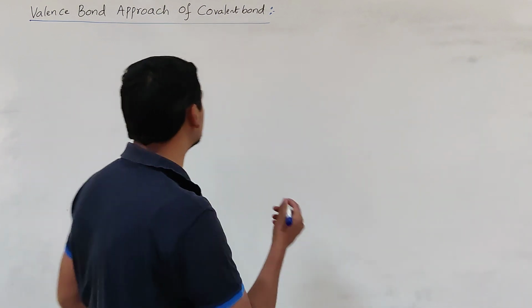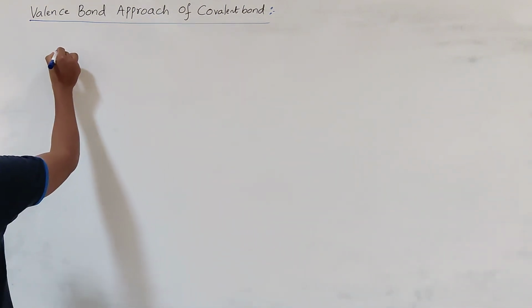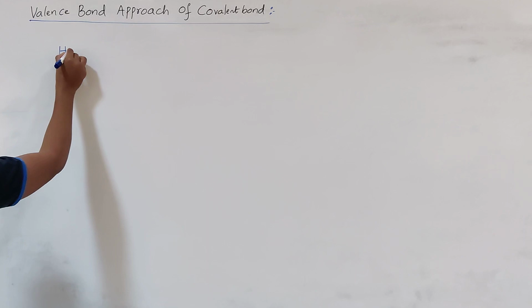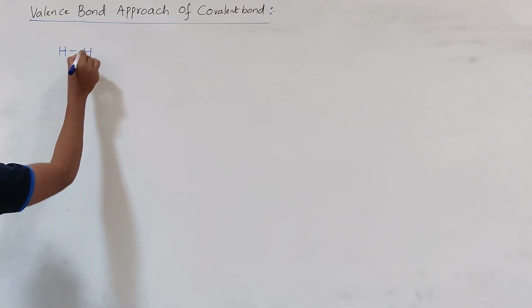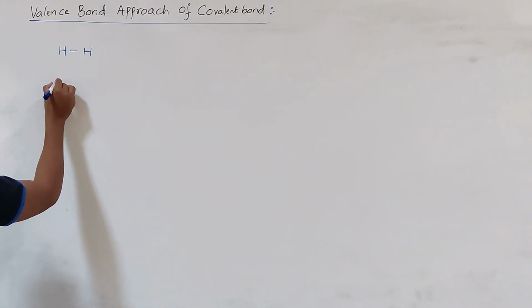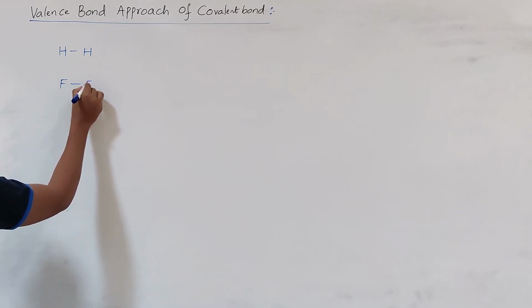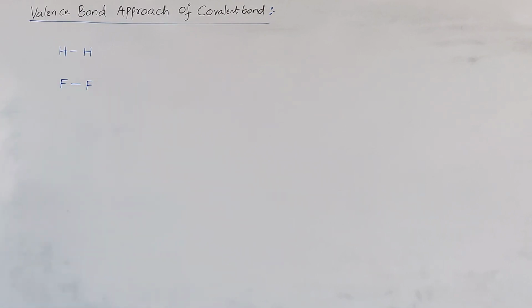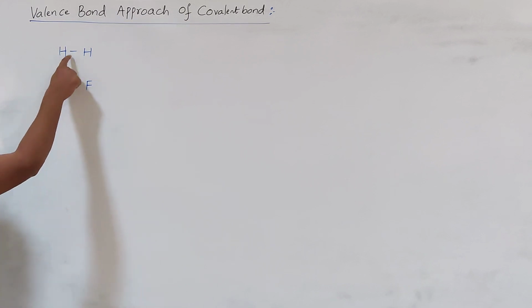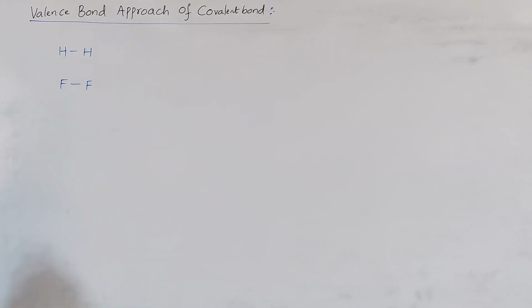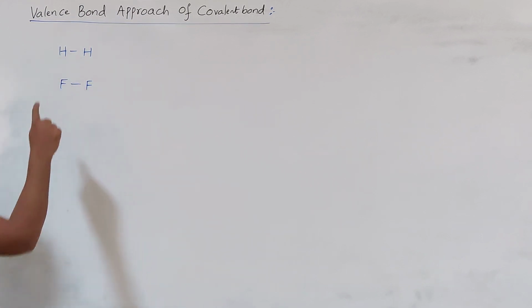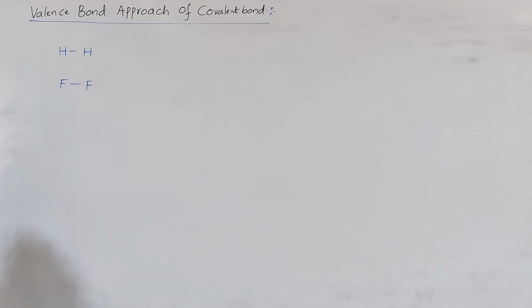Let us take the hydrogen molecule. The hydrogen molecule is formed by the combination of two hydrogen atoms. The fluorine molecule is also formed by the combination of two fluorine atoms. In the formation of the hydrogen molecule or the fluorine molecule, only one type of bond is present between the atoms, that is a single covalent bond. This single covalent bond is formed by sharing of one electron pair.